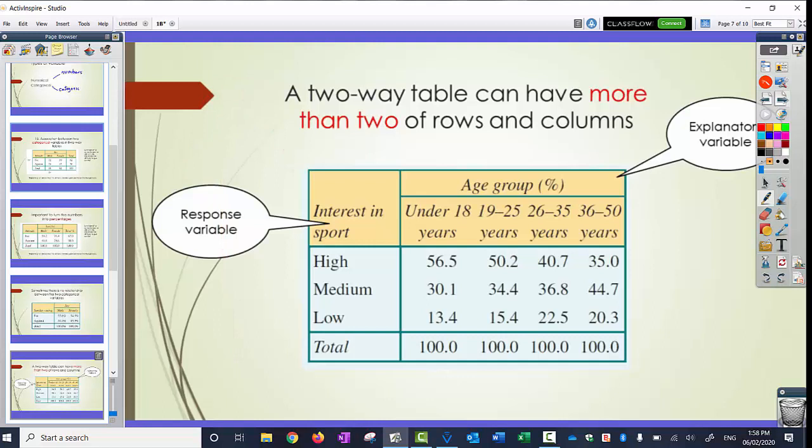So these are the explanatory categories, and these are the response categories. So just make a note, this is the EV and this is the RV again. Low, medium and high are the responses to the question, after saying what age group are you in.